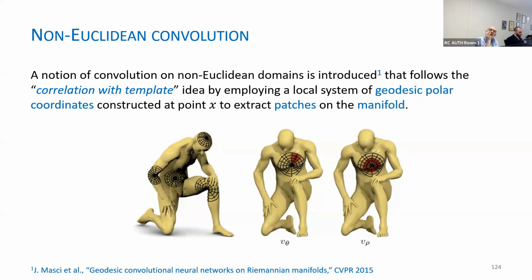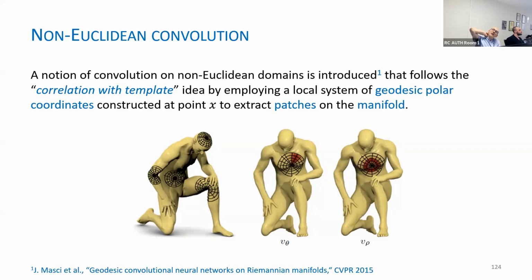This work was proposed 10 years ago, and one of the authors is again Bronstein, who is one of the researchers that contributed most to this area of geometric learning.